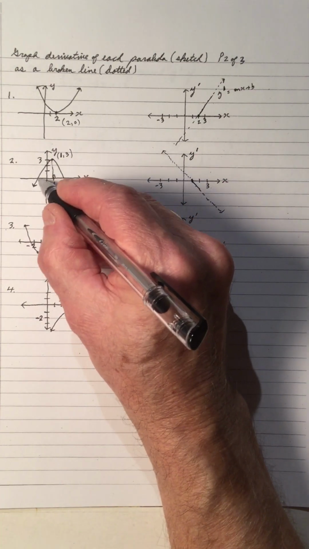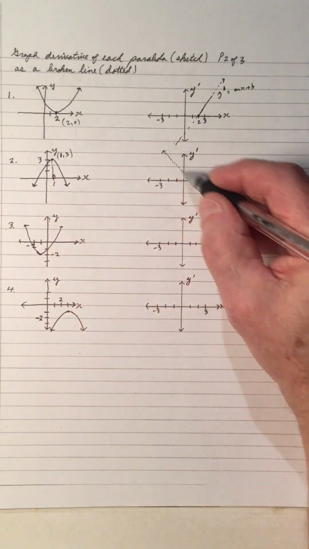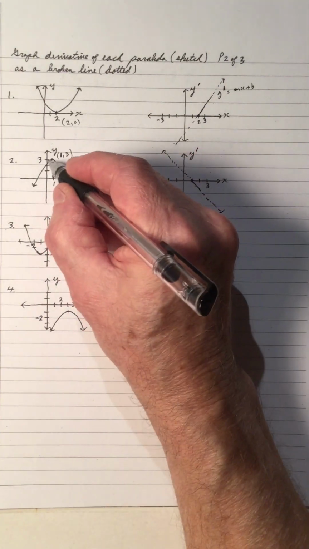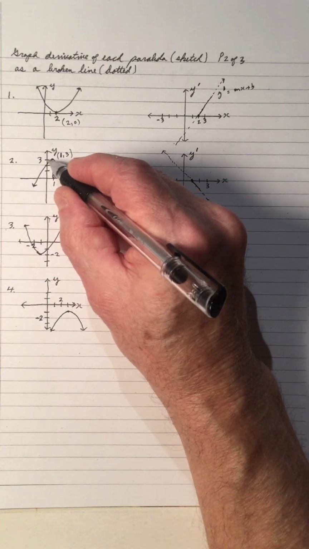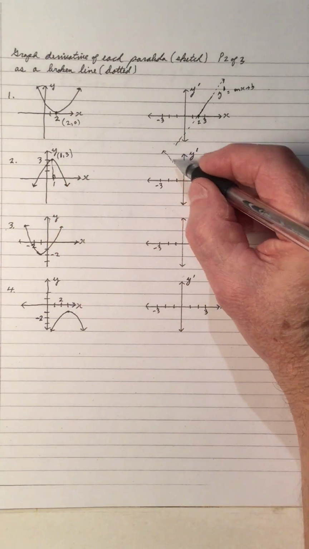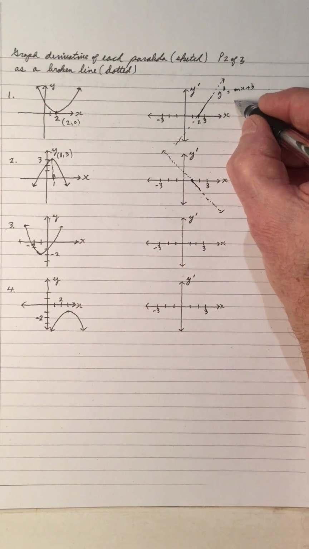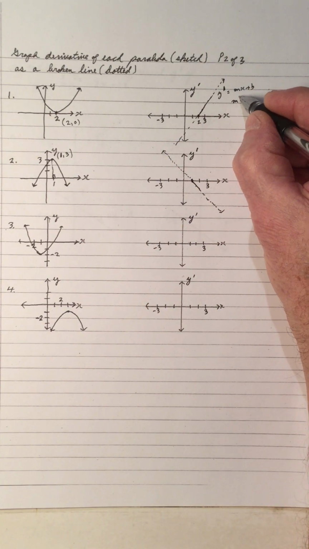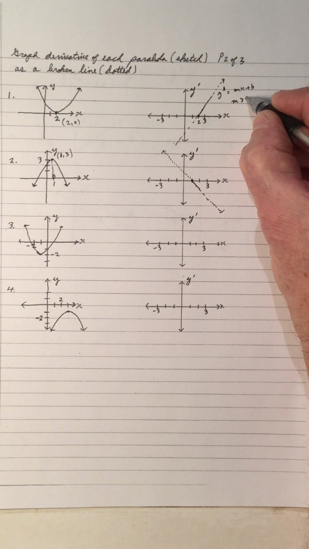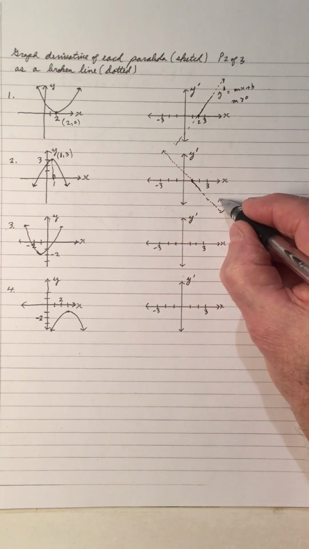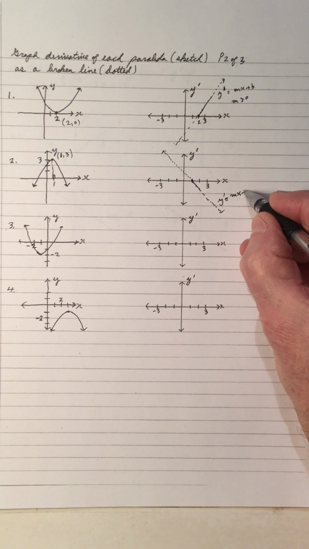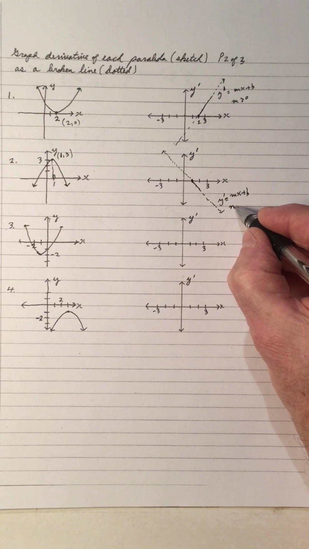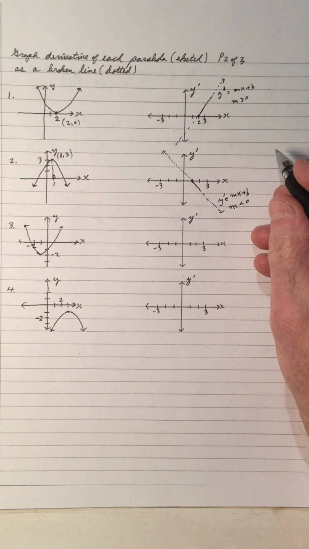It has a negative and then a positive. Because it's going downward, the slope is negative, then positive. So for this line, y prime equals mx plus b, the m here is greater than 0. And for this other line, y prime equals mx plus b, but the m here is less than 0.